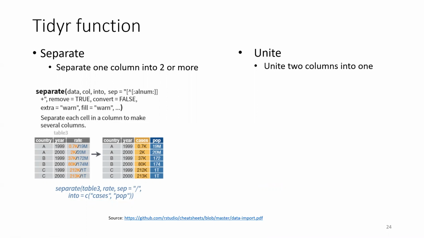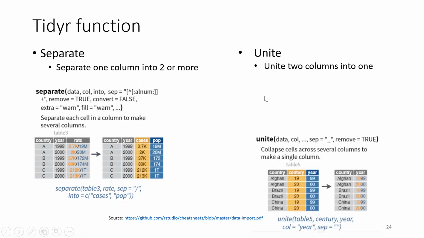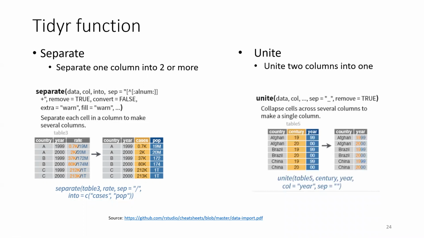And then the last function is the unite function. It unites two columns into one, kind of like reversing what the separate function does. Here is an example. We have this table5, and we want to unite the century column and the year column.